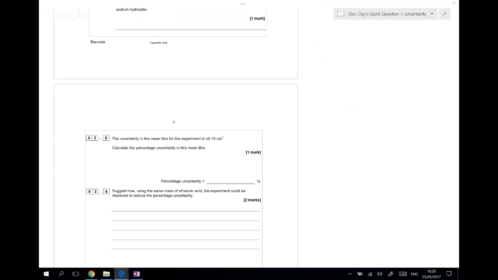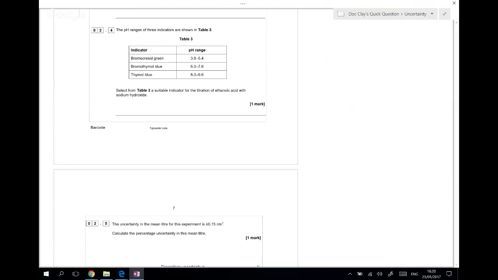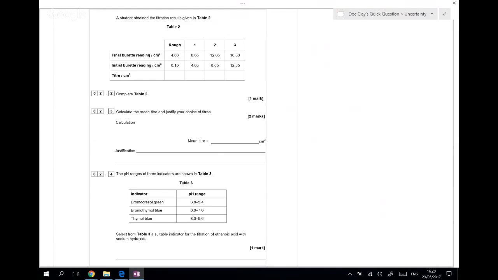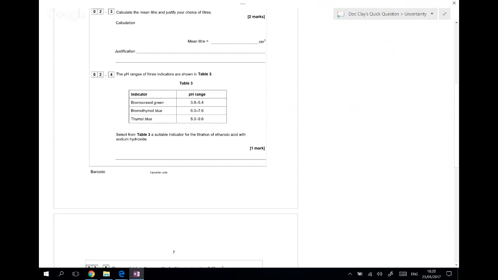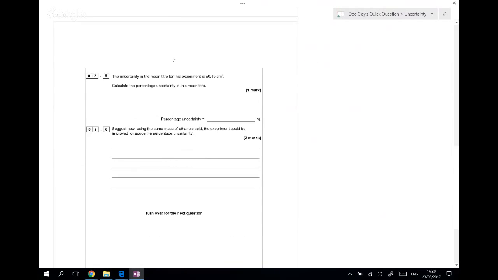Now, in this particular experiment, we're looking here at the titration experiment. The key here, remember, is that we said that the error in a reading in our titer was plus or minus 0.05 centimeters cubed, which is half of the smallest scale division, which we see here. And then what we're told in this question is the uncertainty in the mean titer for this experiment.